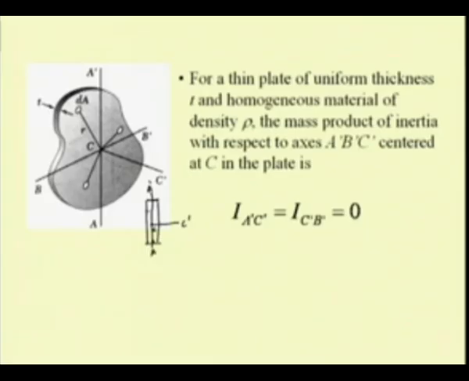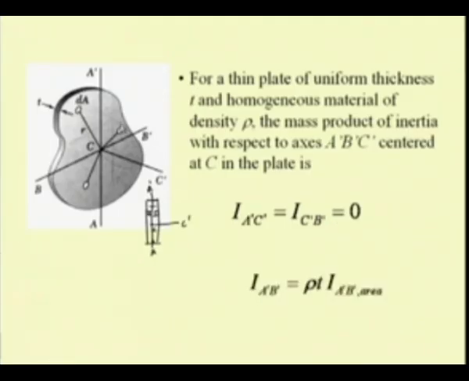Then we see that we have the mass elements which are situated at equal distances from this axis, and so in the integration they will cancel out. And since the thickness T is uniform throughout, and this frame, that is A prime, B prime, C prime, is a centroidal frame, we will see that this I A prime C prime as well as I C prime B prime, where we involve this axis C prime about which the body has symmetry, these quantities become 0.